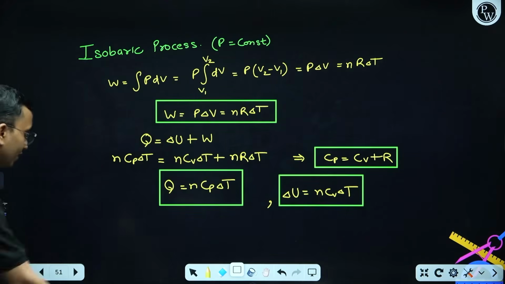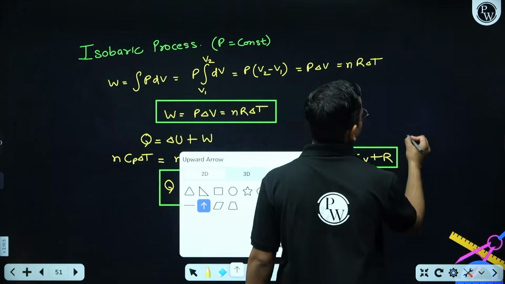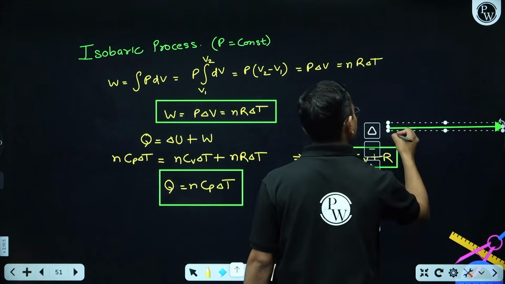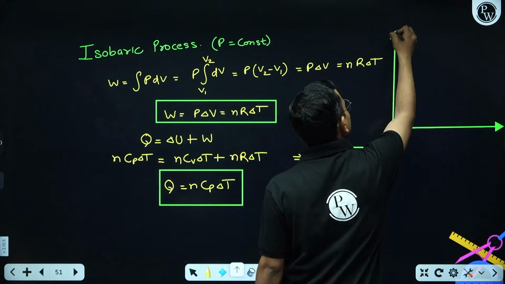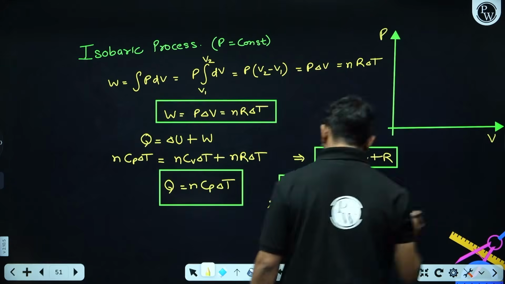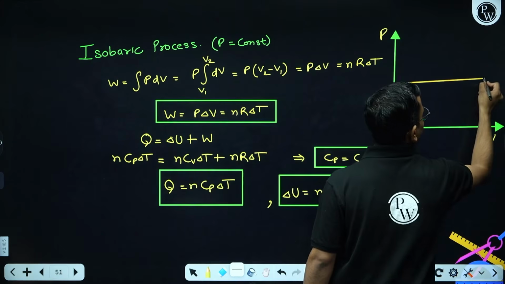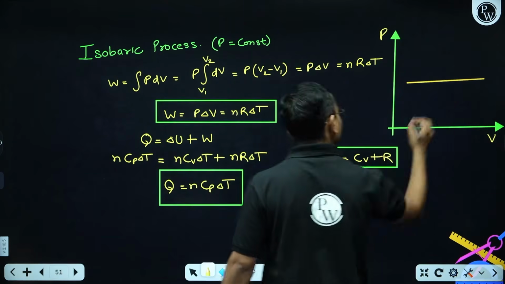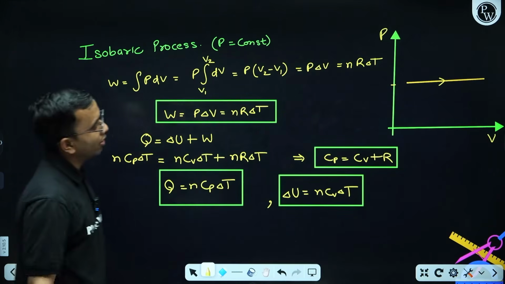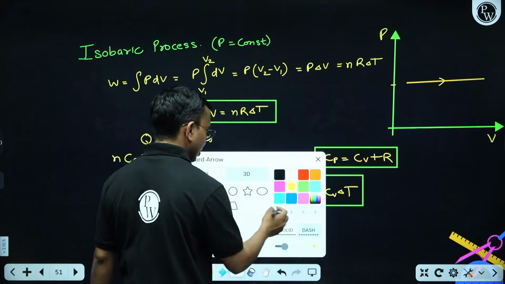Okay, and if you ask me, sir, how the PV curve will look, let us do that. So let us take this as volume and this as pressure. So this is P, this is V. Pressure is constant, so the curve is a horizontal line, going like this. If you want the other curve as well, you can draw that.